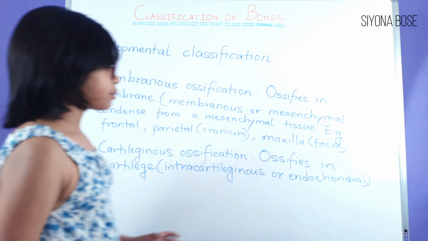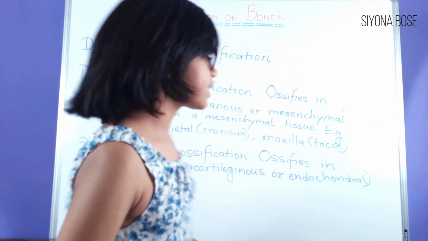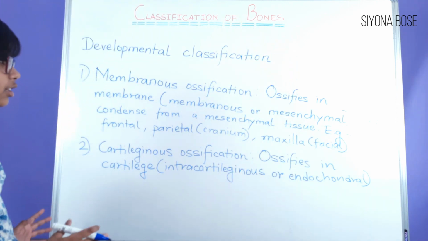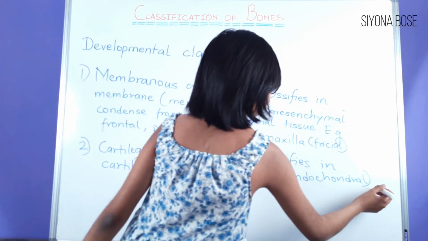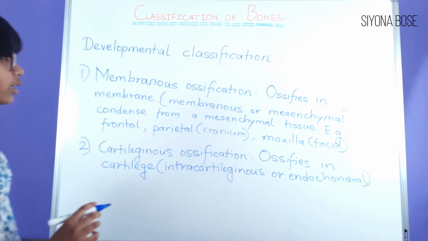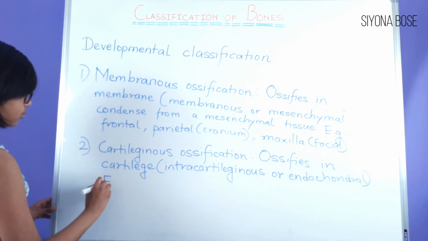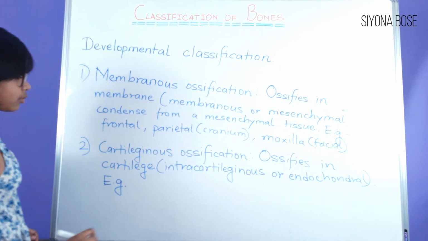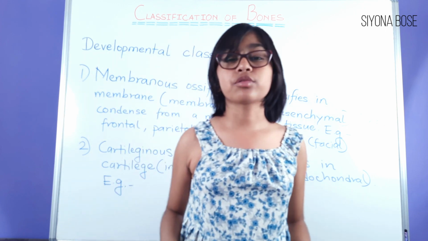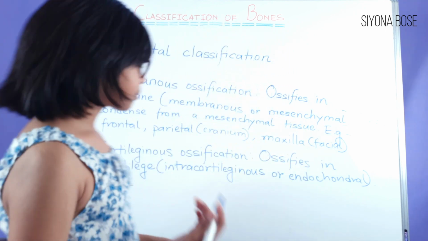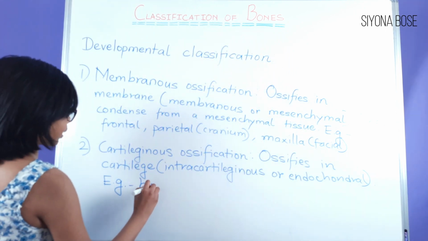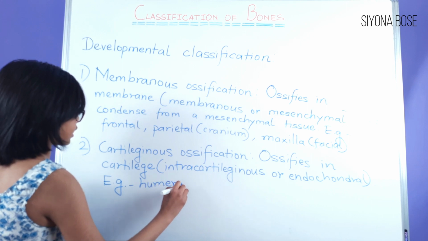Ossifies in cartilage, that means either intracartilaginous or endochondral. These are two names we can use. Now, examples are the long bones humerus and femur. And there are many more, of course, but examples.